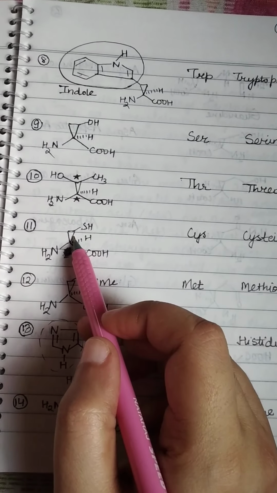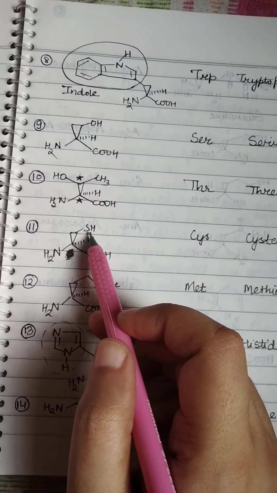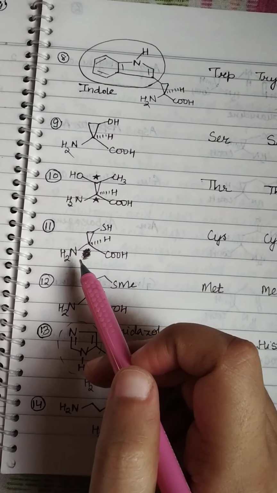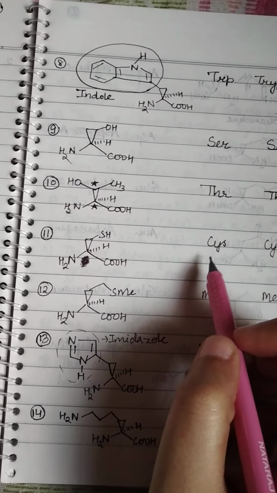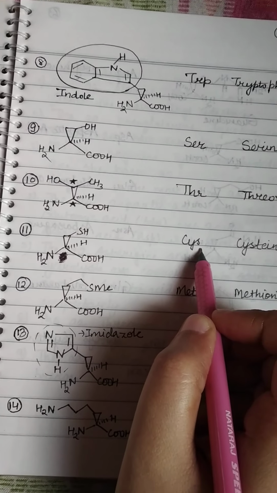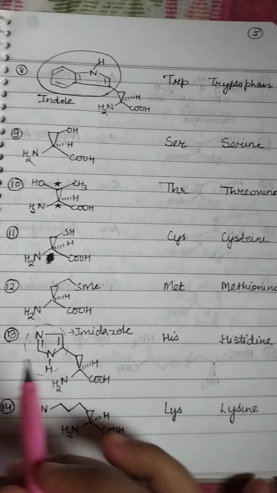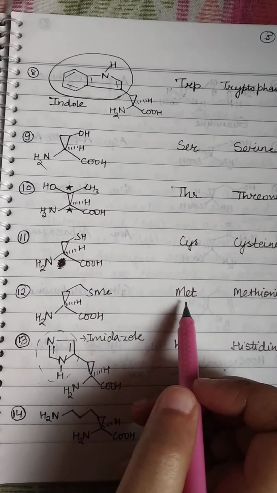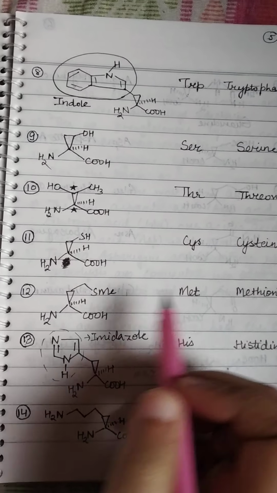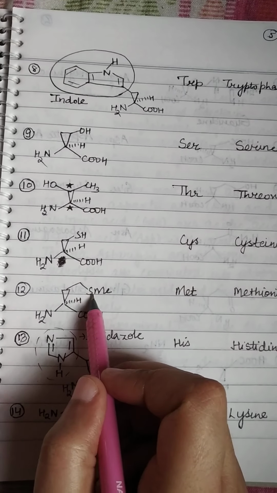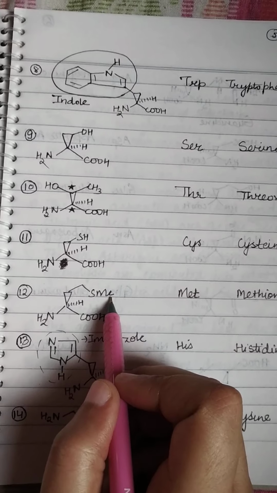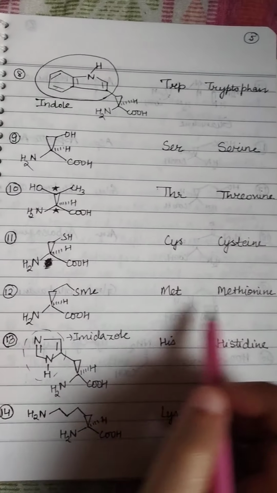Here the R group is CH2SH. A thiol group is attached, and its symbol is CYS. Now methionine, its symbol is MET, and the R group is CH2SMe. Me is methyl. So this is methionine.